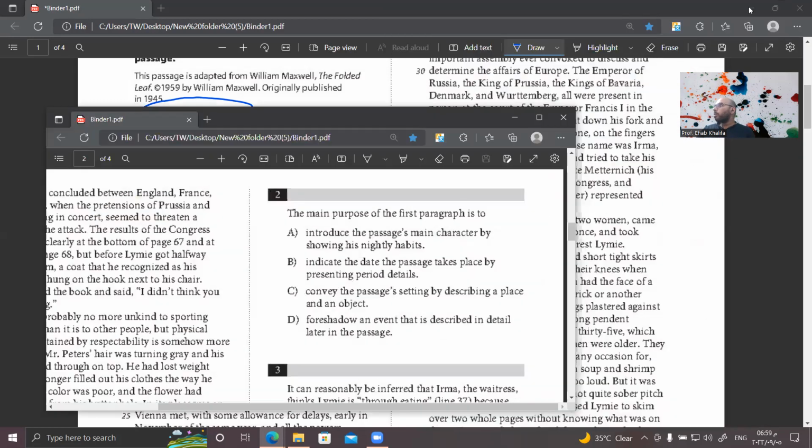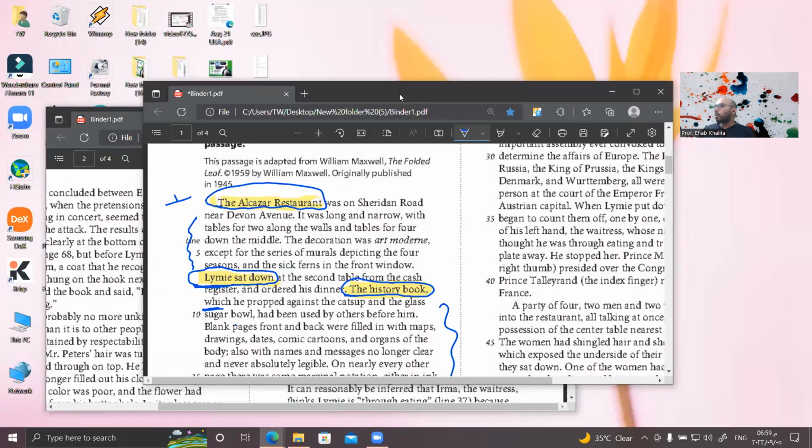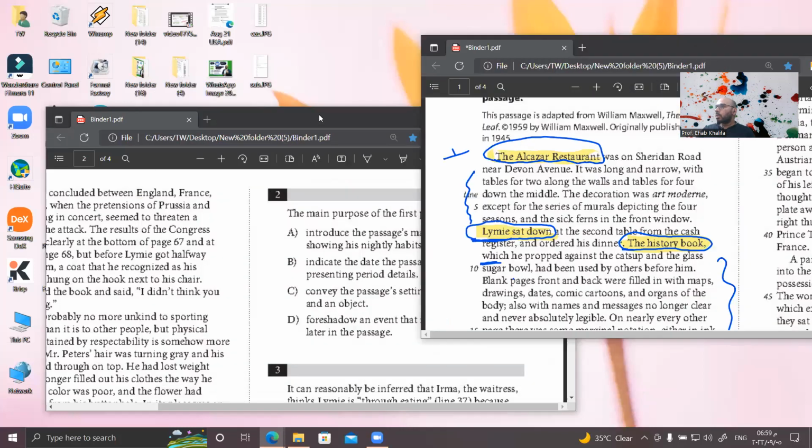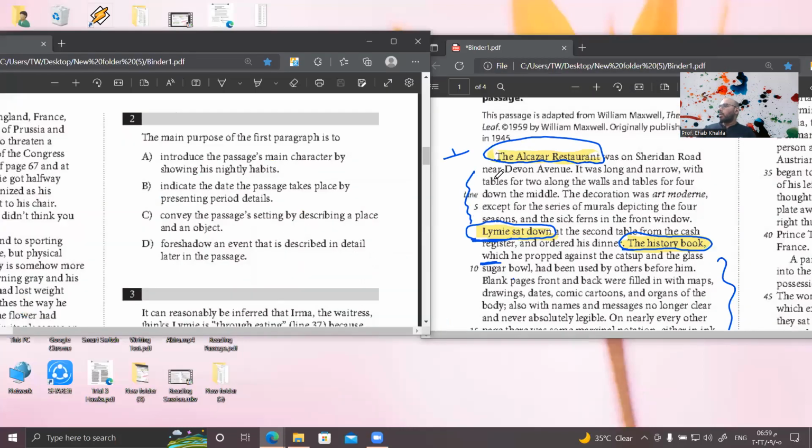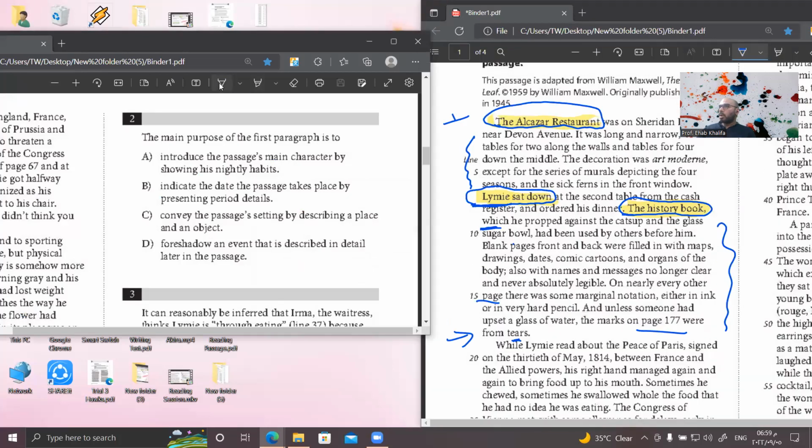Yeah, here we go. Question 2. It asks only about the first paragraph. Give it a try and we will explain it.